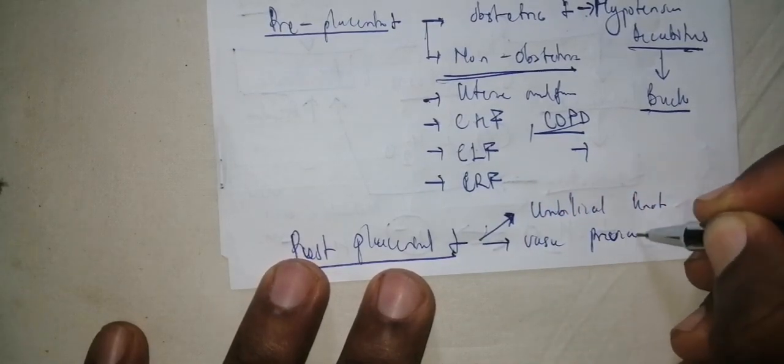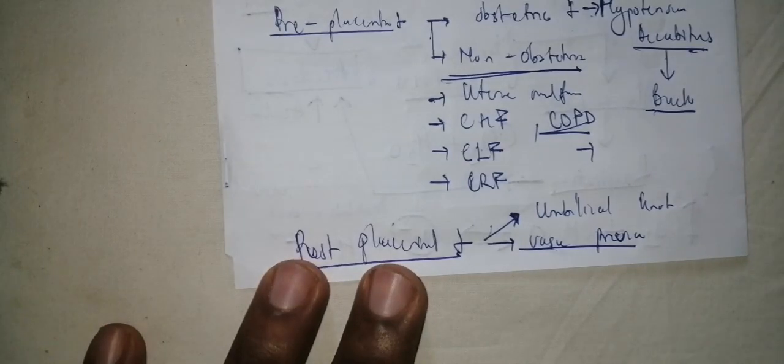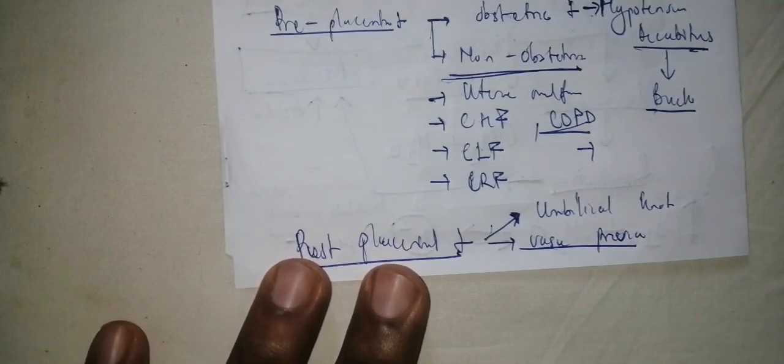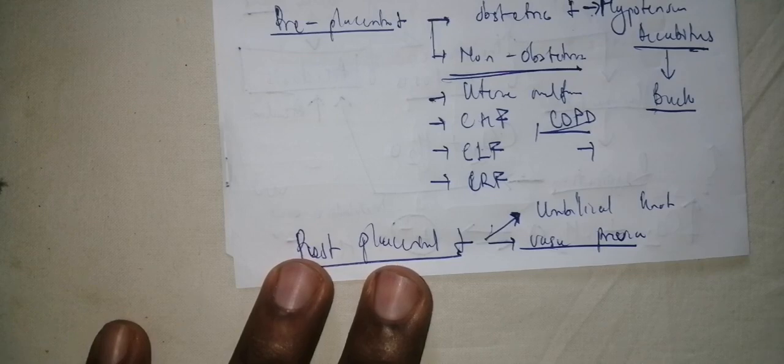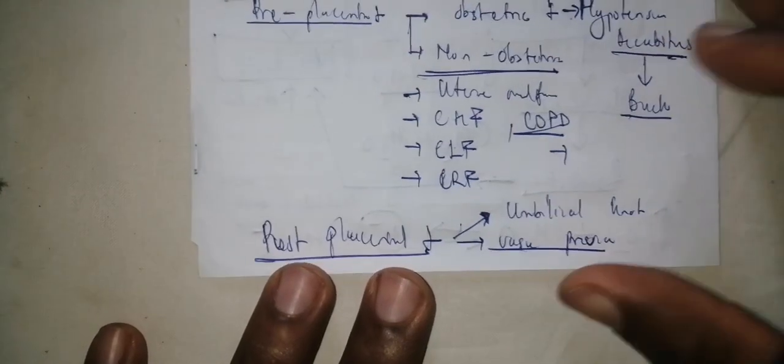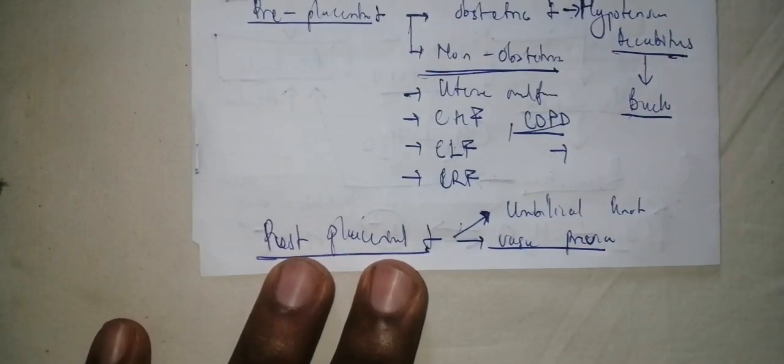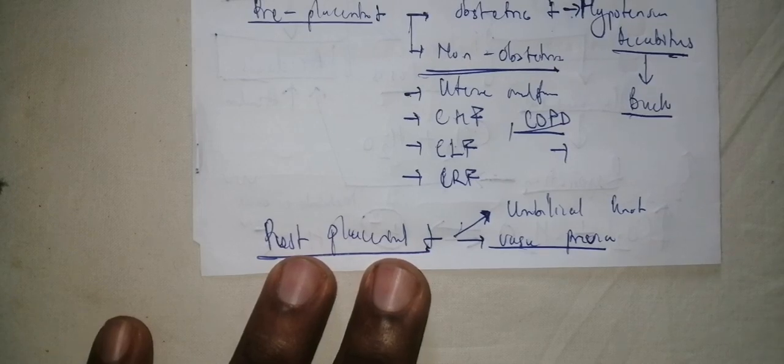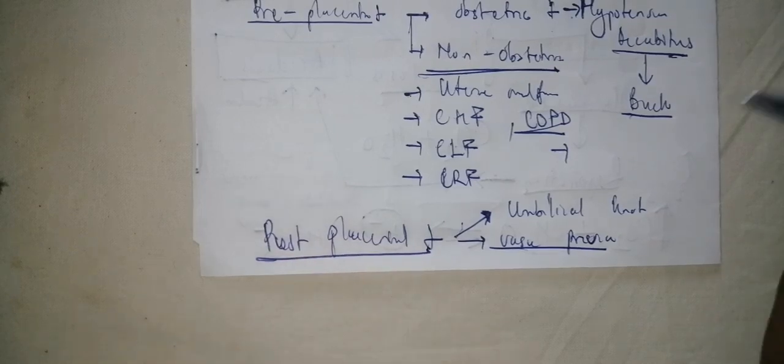Now, vasa previa, you need to know that it is loss of the fetal blood as a result of the insertion of the umbilical cord at the level of the lower uterine segment. When there is cervical dilation, there is going to be bleeding from that inserted point.